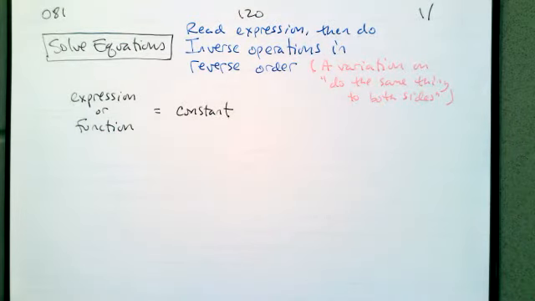In particular, we're going to start off with an expression or a function that only has one instance of the variable. So we can read it as a bunch of things happening to the variable. Then everything else will branch off of that. We'll come up with different strategies if the variable appears more than once. We'll have to learn how to do that separately. But this is an expression or a function in which the variable appears one time.